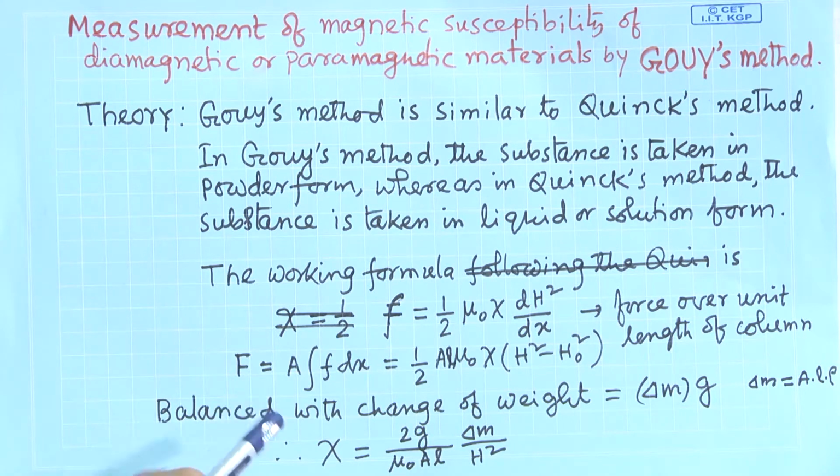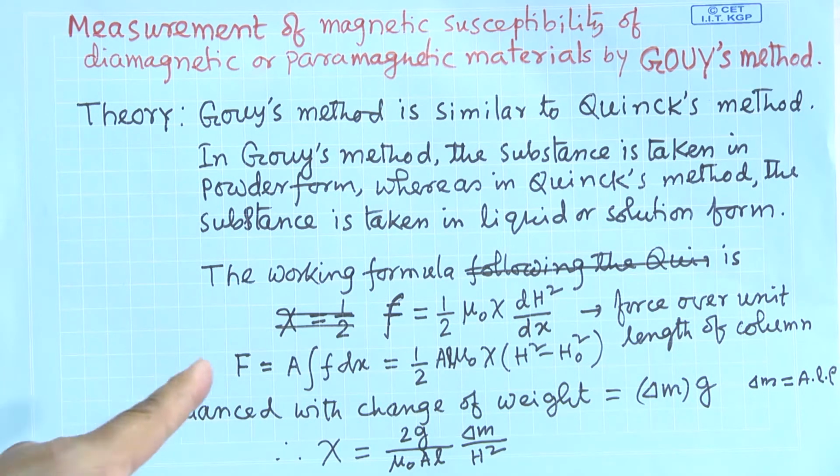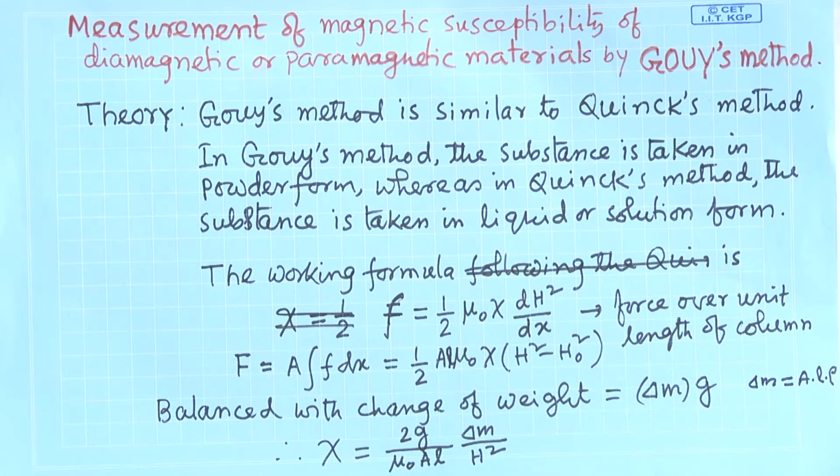Now the force, we can call it F per unit length. For a dx length, that will be the force. If I multiply this with A, A into dx will be the volume.